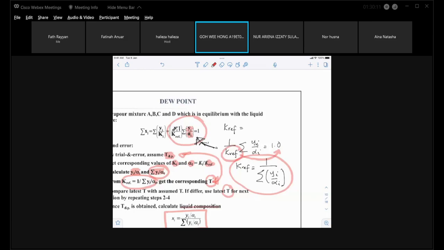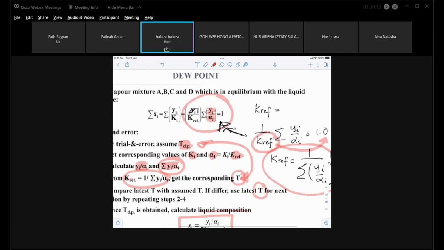Yeah, this is wrong. Why is this wrong? Because I copied and pasted from the bubble point. This is the bubble point.